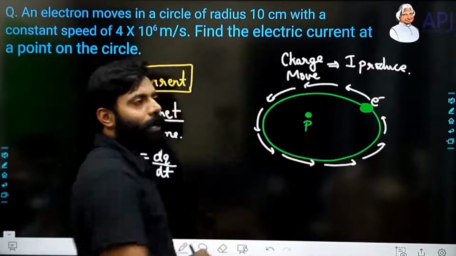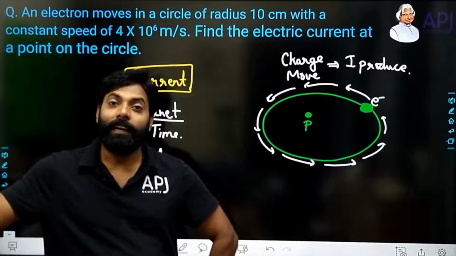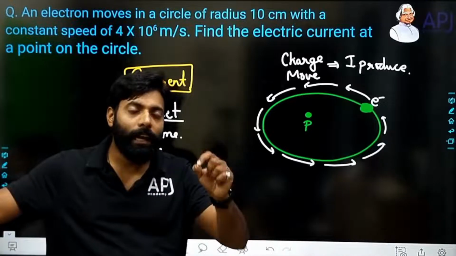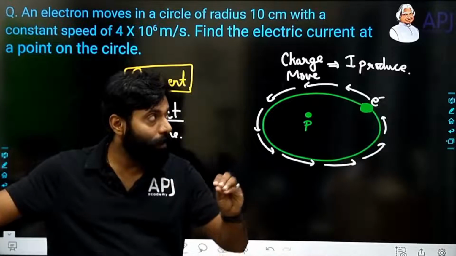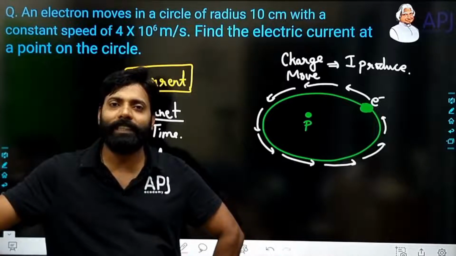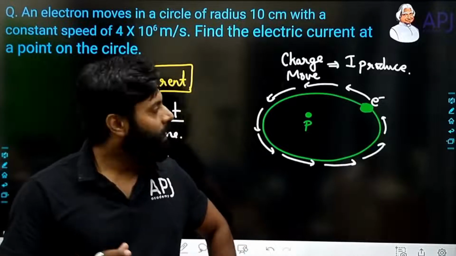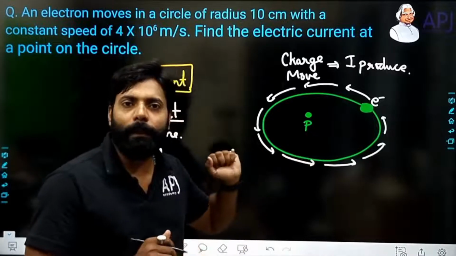So there might be current in an atom. How many of you are able to understand it? Even in the smallest atom, we have electric current present. Isn't it so fantastic?